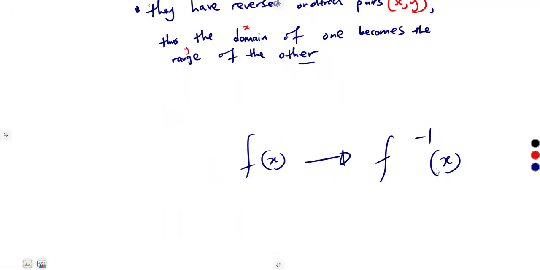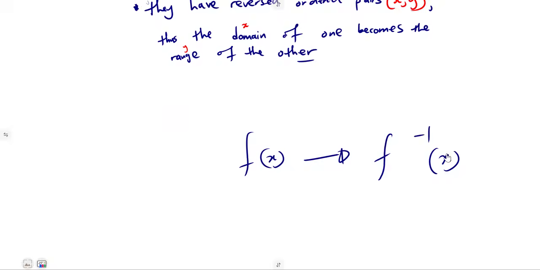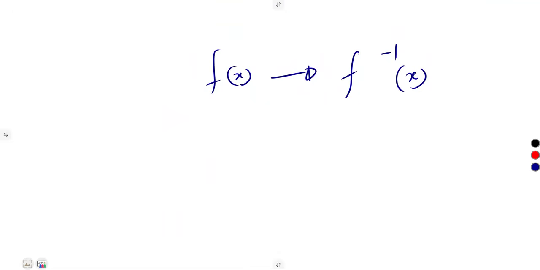So these are the steps that you're going to need to determine the inverse. All right. So to determine the inverse of any graph, we just need two steps.